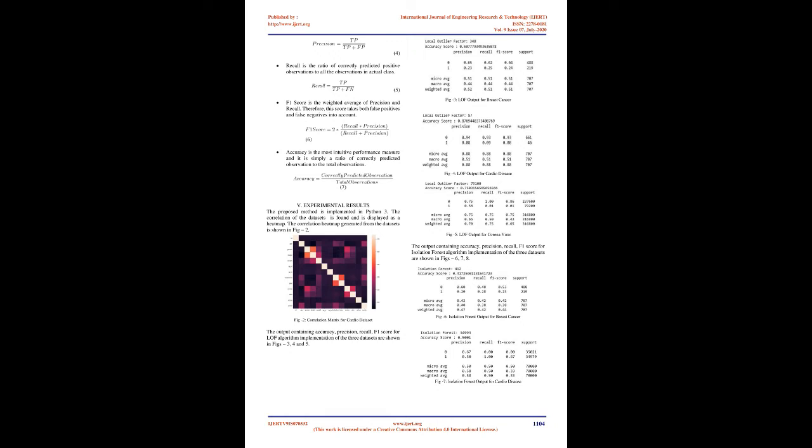B. Data pre-processing. Data pre-processing is a data mining technique that involves transforming raw data into an understandable format. Real-world data is often incomplete, inconsistent, and/or lacking in certain behaviors or trends, and is likely to contain many errors. Data pre-processing is a proven method of resolving such issues. It prepares raw data for further processing.